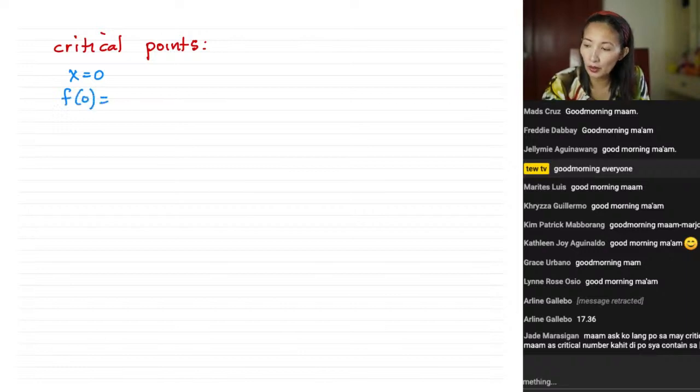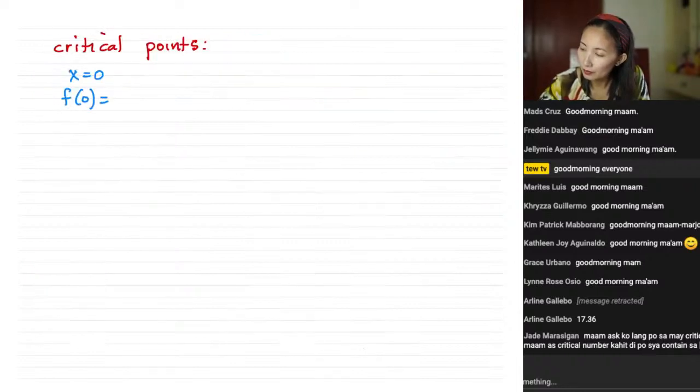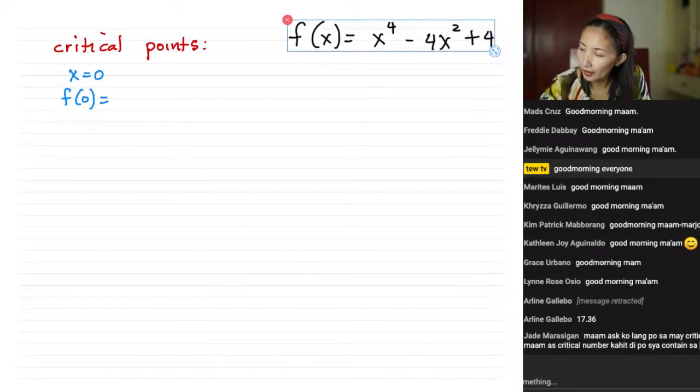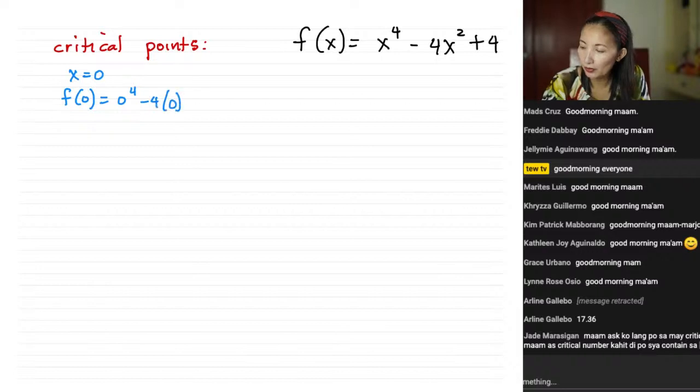What is f of 0? Again, the function given is, let me copy the function. So f of 0 is 0 to the 4th minus 4 times 0 squared plus 4, it's equal to 4. So, one critical point is 0, 4.